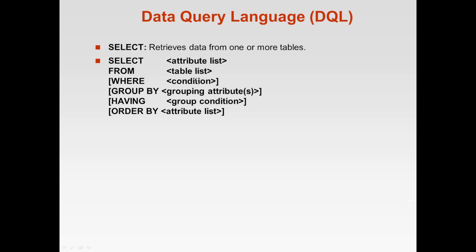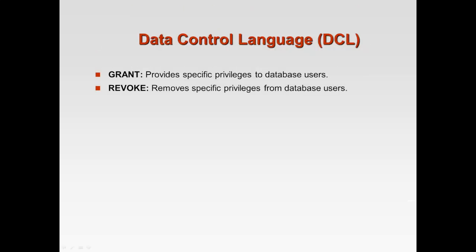Whenever you want to filter data based on some condition, you can apply the condition in the where clause. Sometimes you want to see aggregated data, then you can pass the grouping attribute list, the grouping columns. Then based on that grouping, if you want to apply some condition, you use having. And if you want to see the data in some sorted order, you go with order by.